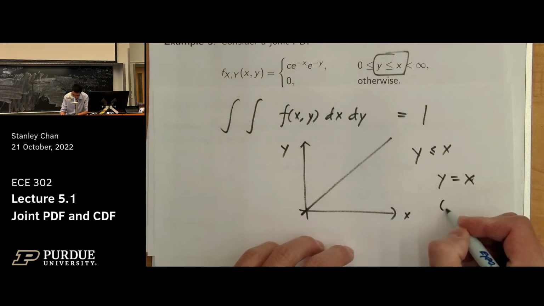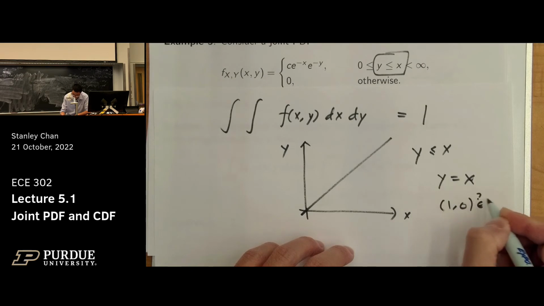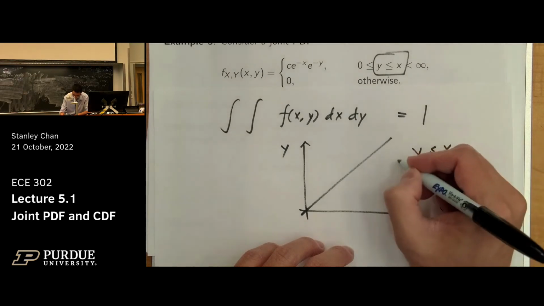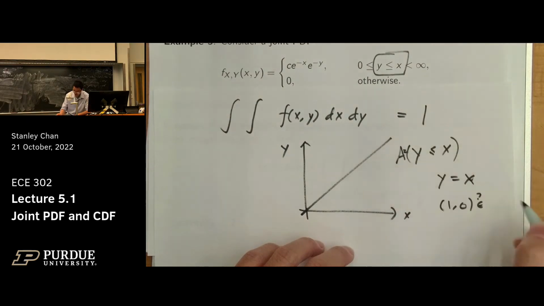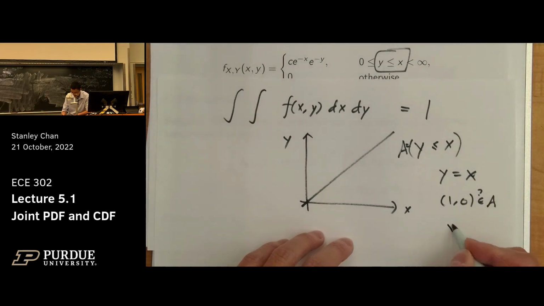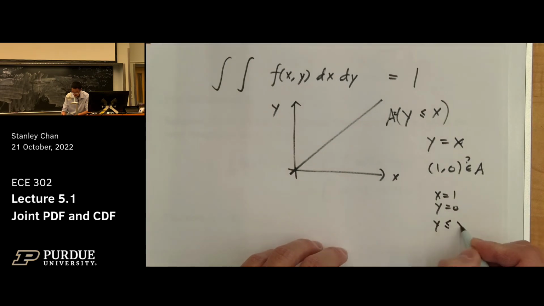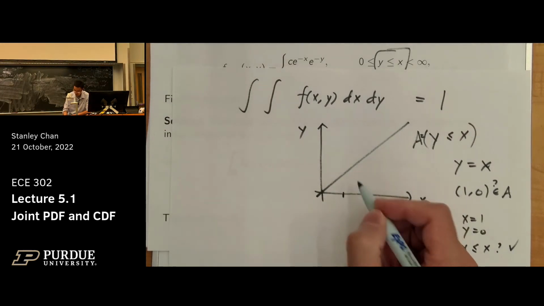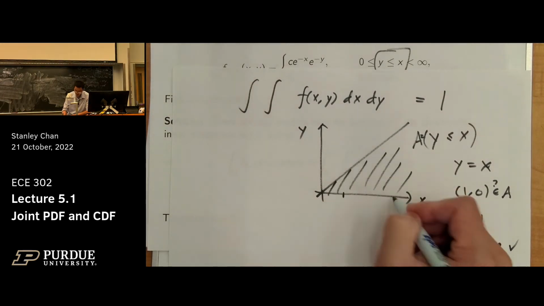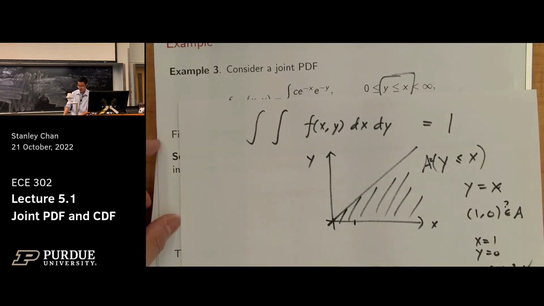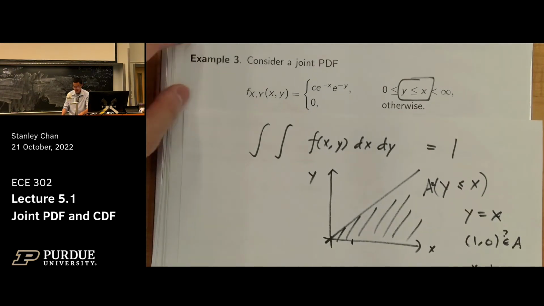So how about 1, 0? Is it inside the set? Let me just call it set A. Is it in A? Well, put x equals 1, y equals 0. Is y less than x? True. 1, 0 is here, and it is true. So it would be the lower half. So that should be the area under the curve.